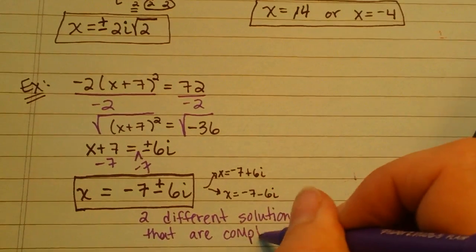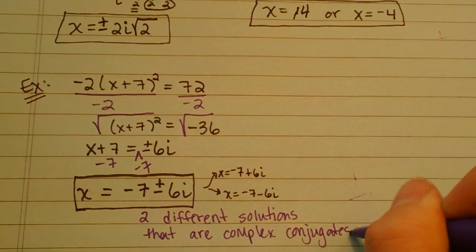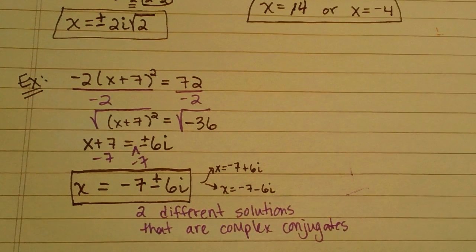And that will happen every time you have a solution to an equation that has complex numbers in it. There will always be two if they're complex, and they will always be complex conjugates.